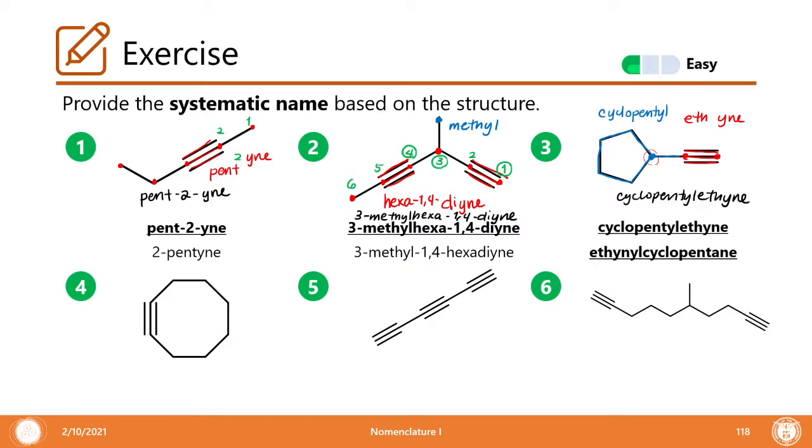So we have cyclopentyl ethyne, but ethynyl cyclopentane is also acceptable as a systematic name. So in either case, both are accepted. But from what I know, I think the preferred one is ethynyl cyclopentane for the 2013 method.